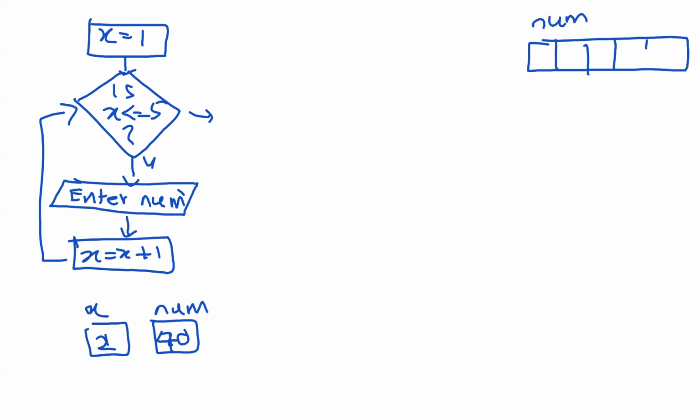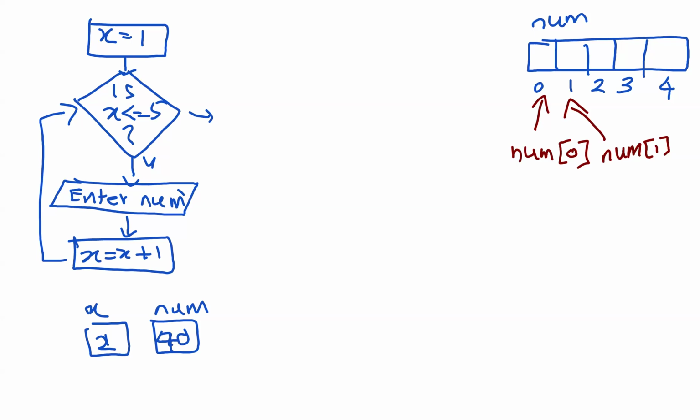It has multiple values, each with an index: 0, 1, 2, 3, 4, because it starts with 0. Same name num, but the index is different. Then how to write this?